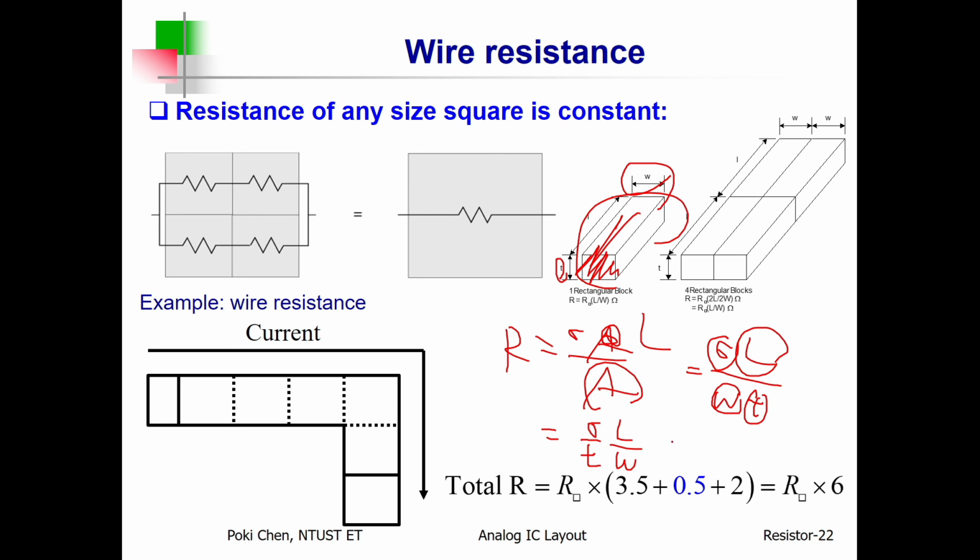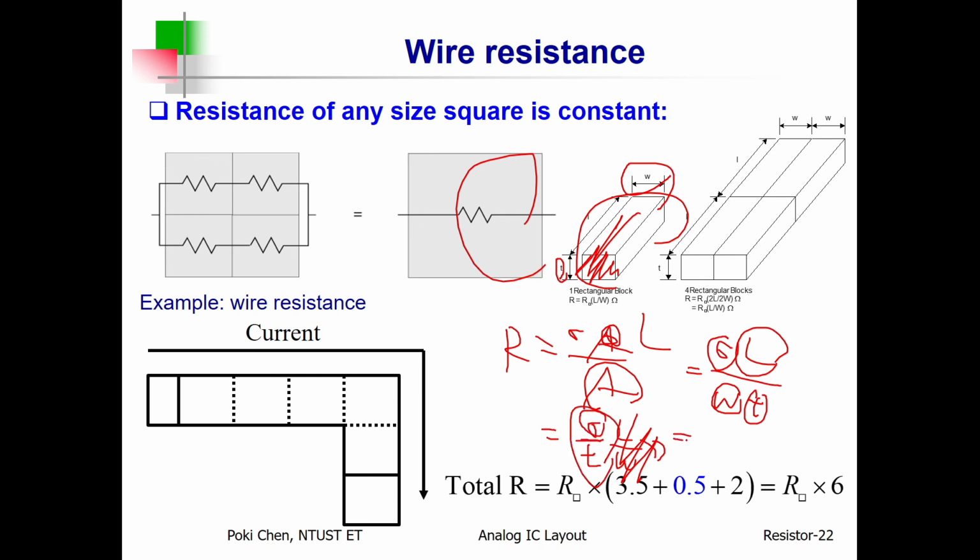If you make your length and width the same, it means you have a square layout just like this. Then W over L will become 1. They cancel each other. So finally, you have sigma over T.